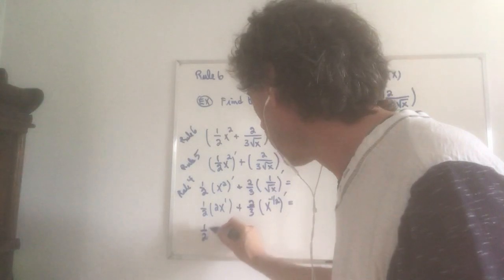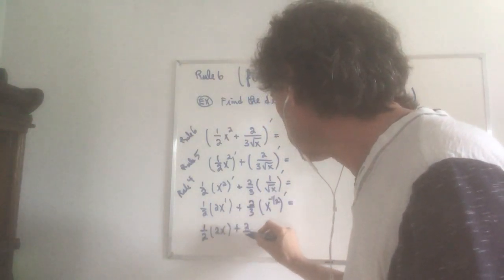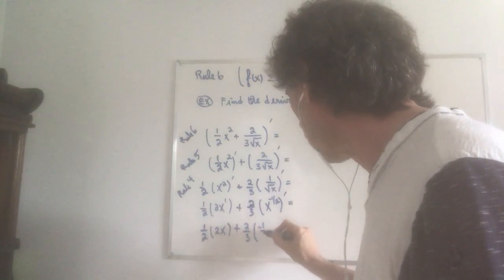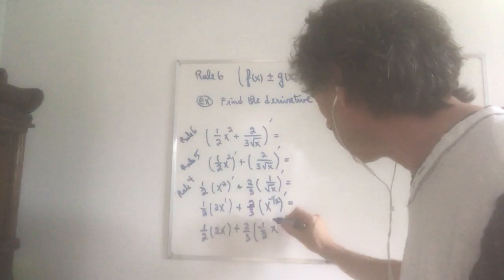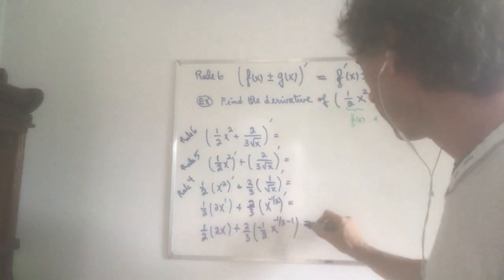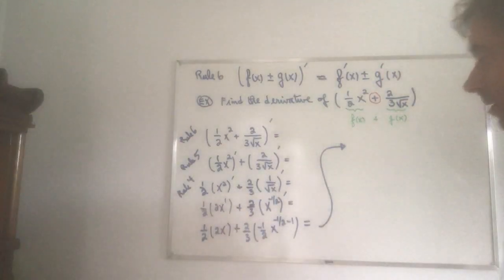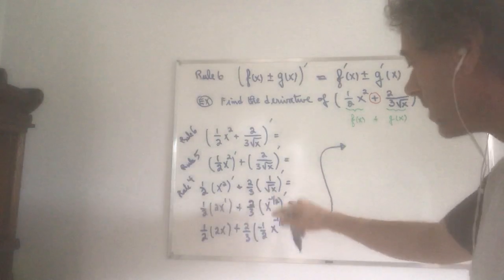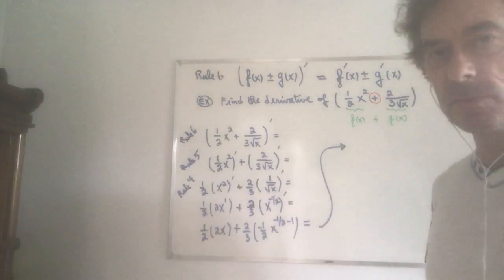So that's 1/2 times 2x plus 2/3 times 1/2 goes in front. Remember, this is Rule 4. X to the minus 1/2 minus 1. Let's continue over here. Good. So minus 1/2 went to the front, and we subtract 1. Why? Because this is Rule 4.